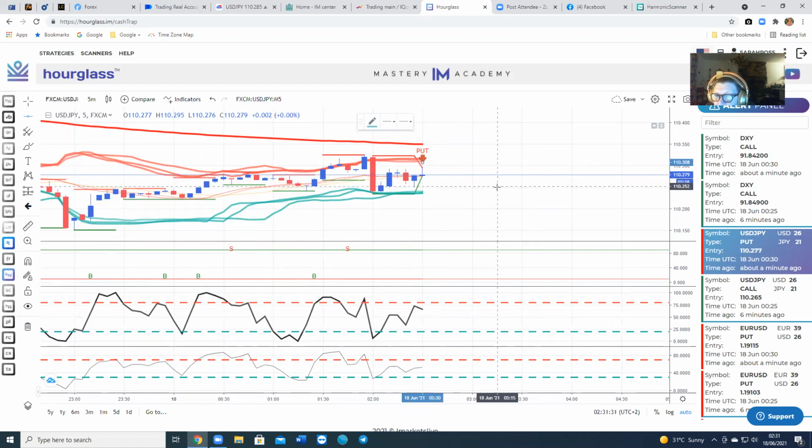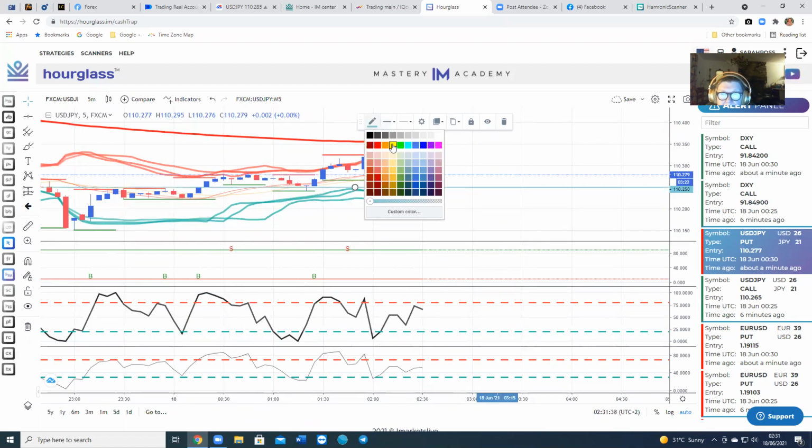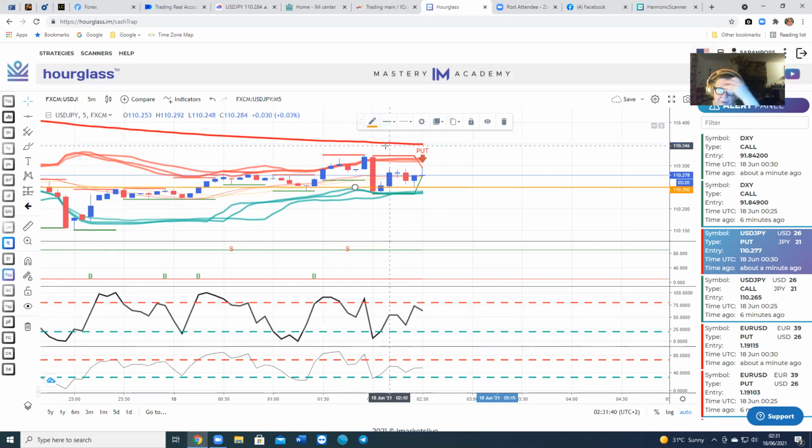250 would be our quarter point, which is right down there. We'll just make that orange. So I prefer it down there.